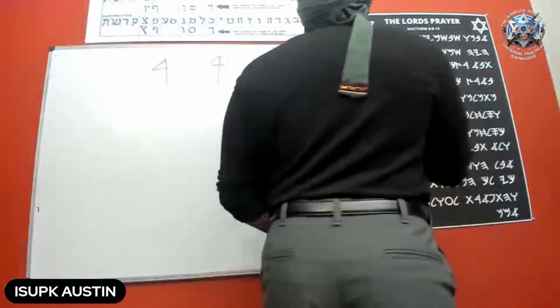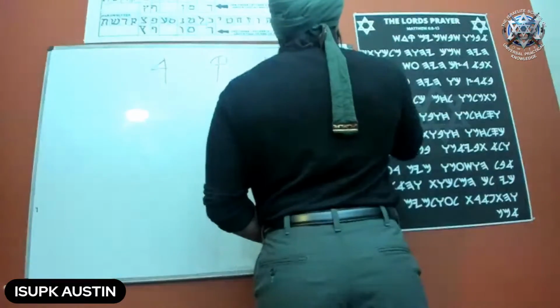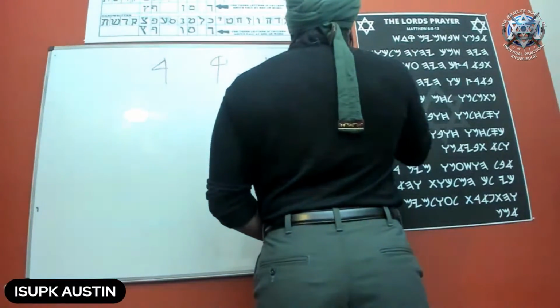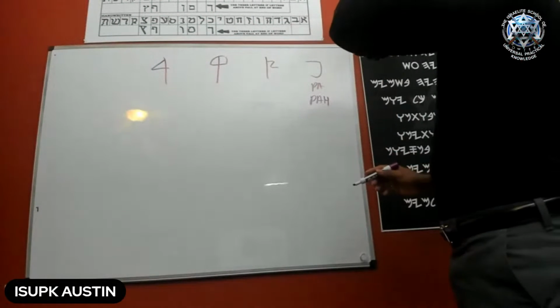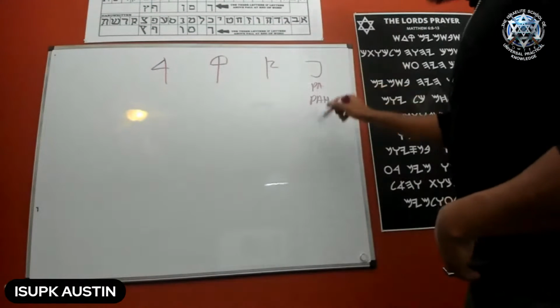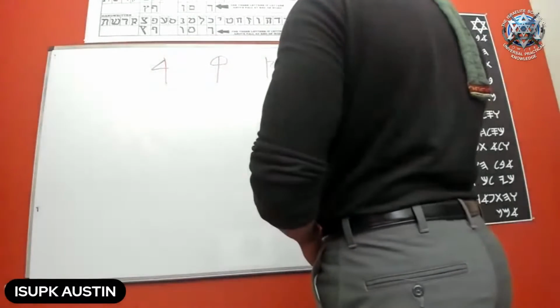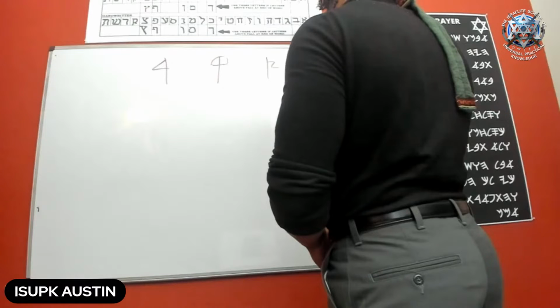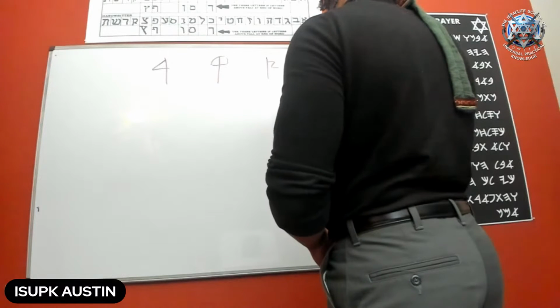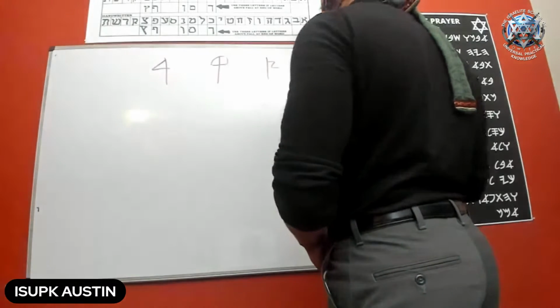Pa comes from pa, with the ha at the end, but it's connected, right? So it comes from this. I'll just do it to show you what I mean, right? It comes from. Boom. That's where it comes from, right?